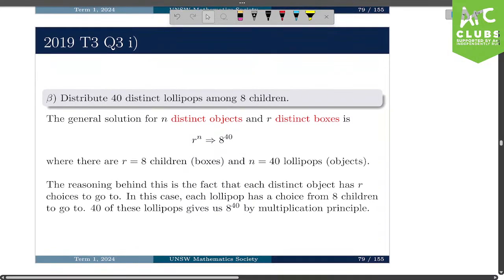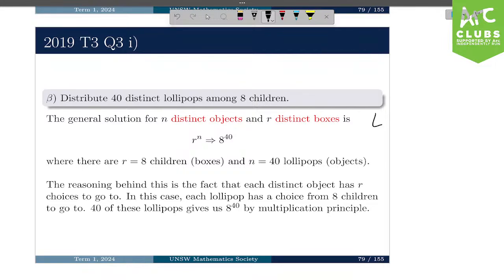So we note that with our first lollipop, we'll label our lollipops as lollipop 1, lollipop 2, ... lollipop 40. And we note that these lollipops are distinct. So our lollipop 1 has 8 choices to go to child 1, child 2, child 3, ... or child 8.